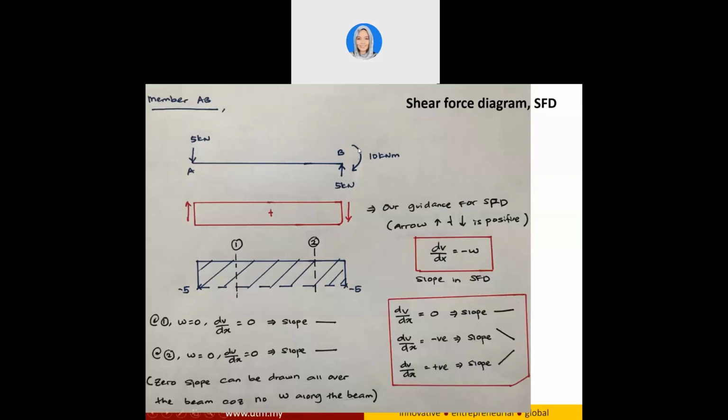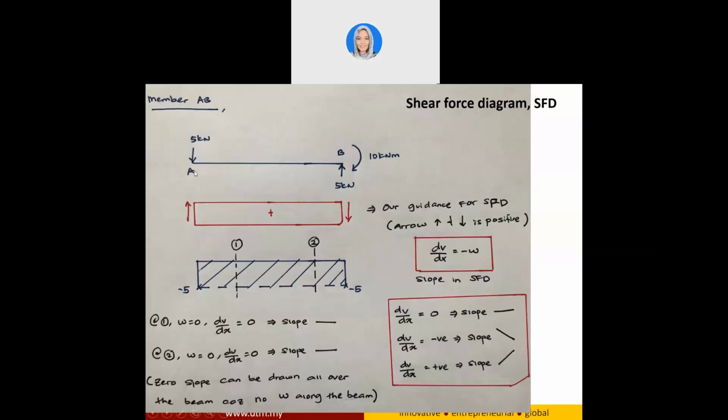From the slope deflection equation, we determined there is a clockwise, positive moment at B, 10 kilonewton meter. The guidance for drawing your shear force diagram is that pointing upward and downward here is going to be positive. Now, if you look into the end of A, you will see that the arrow here is pointing downward.